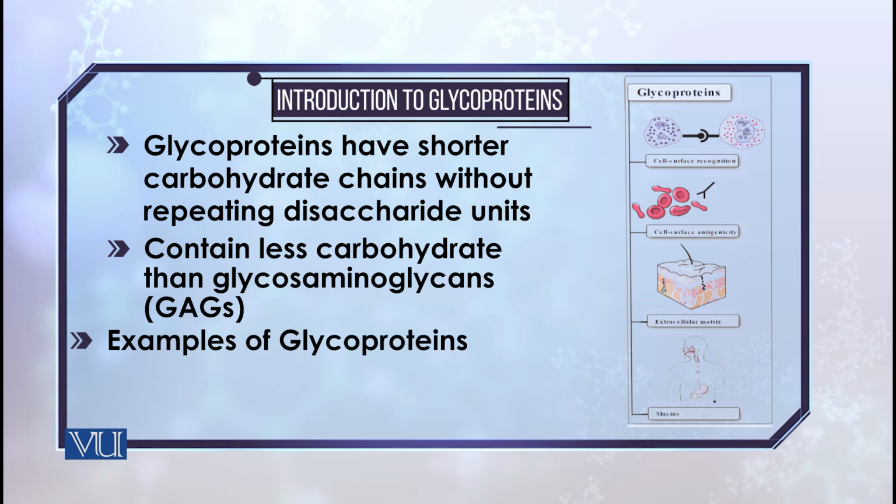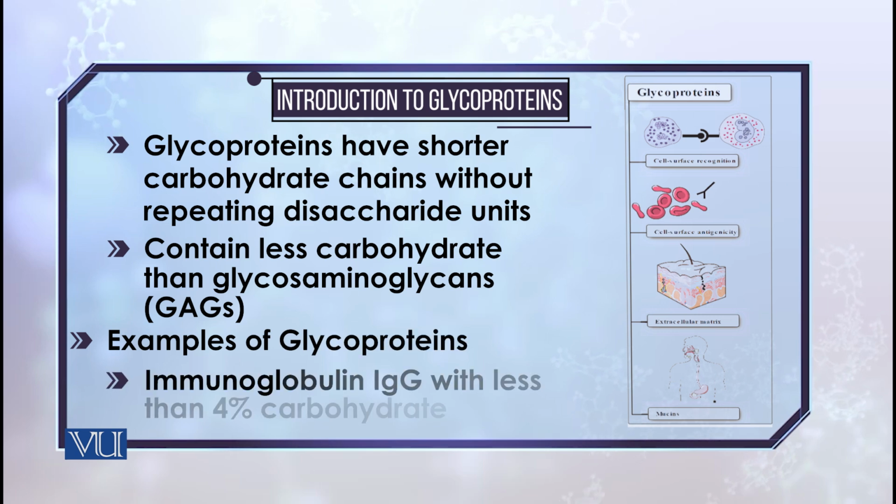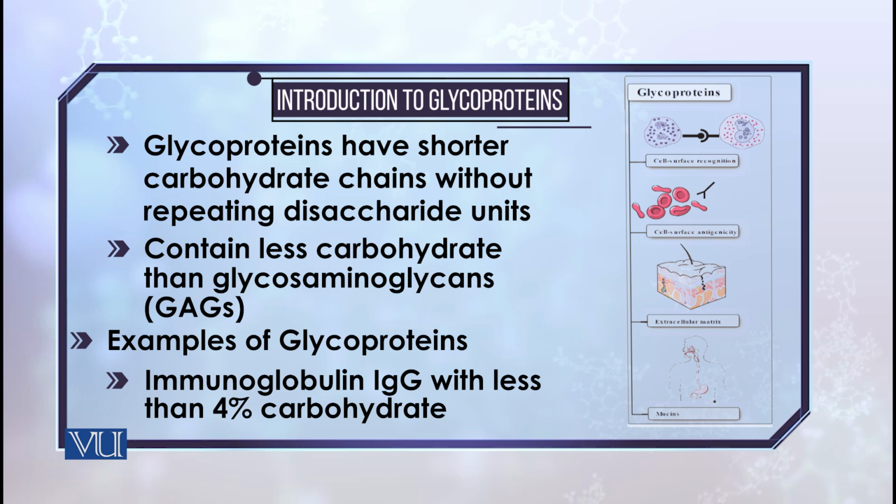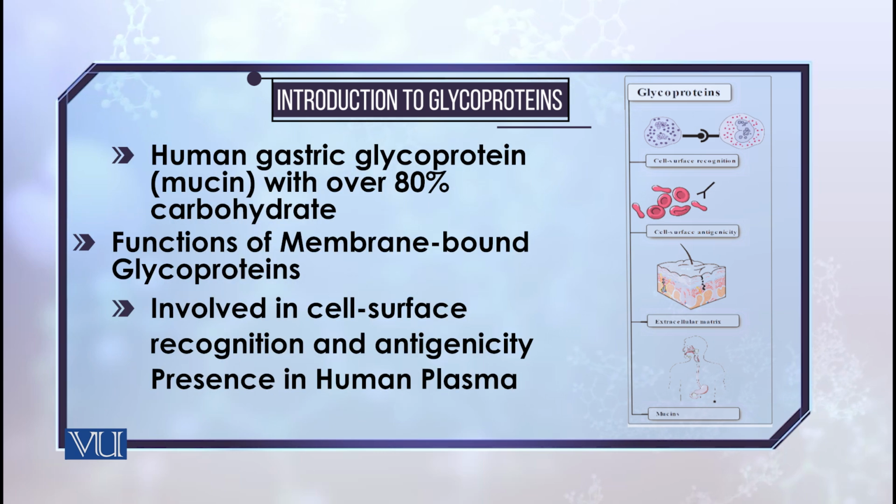Having said this, their importance is not small. I mean, they are not of lesser importance. They can be found in blood plasma. They can be found in the immune system molecules because they play a very important role in the cellular signaling, specifically in the recognition of other molecules or other cell surface receptors.